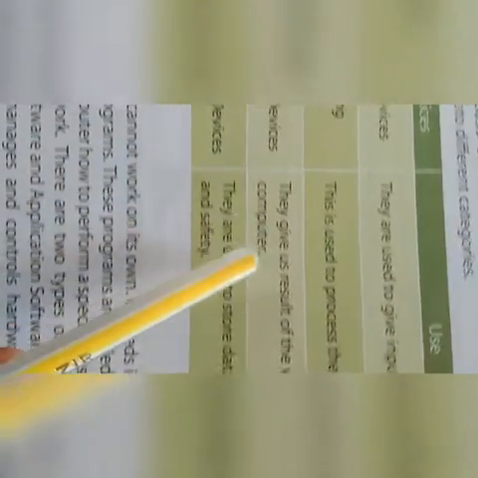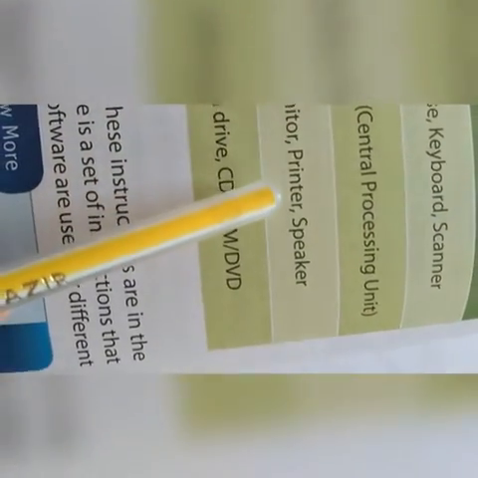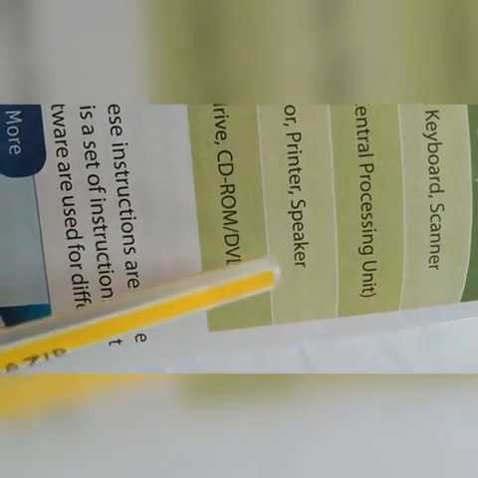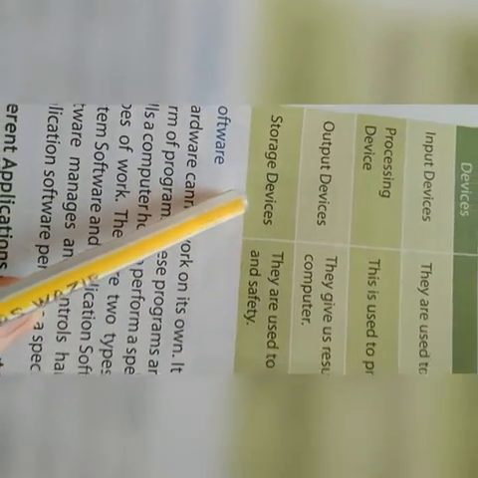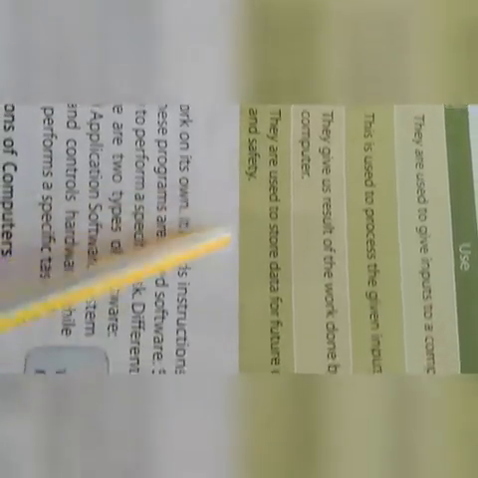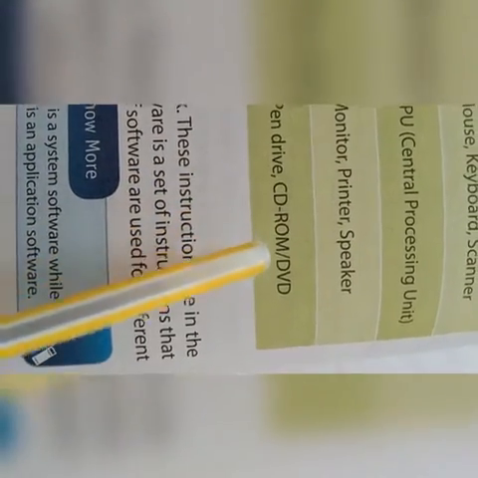Output devices give the result of the work done by a computer, and you see it on the monitor, or you can take it out with the help of a printer or a speaker. Another one is the storage device, where your work is stored, and you can keep your work with the help of a pen drive, CD-ROM or DVD, it's up to you.